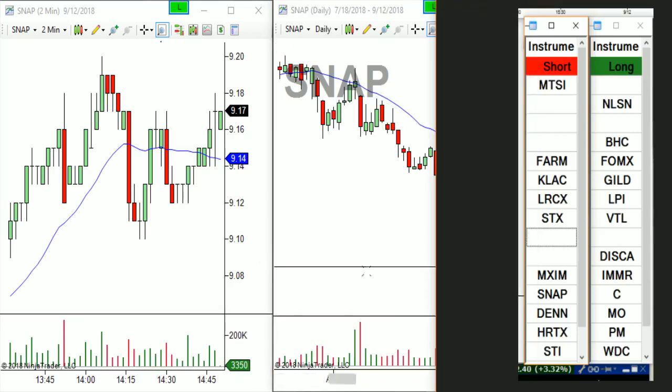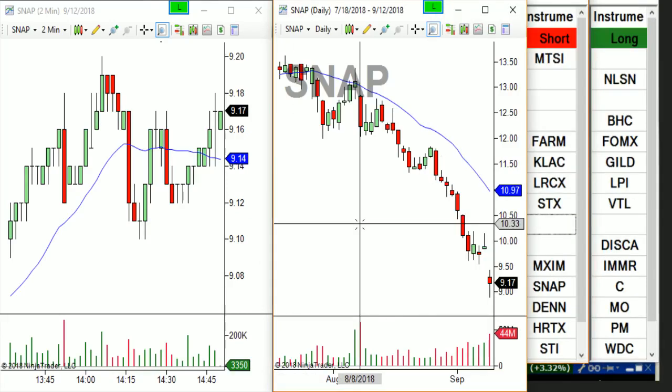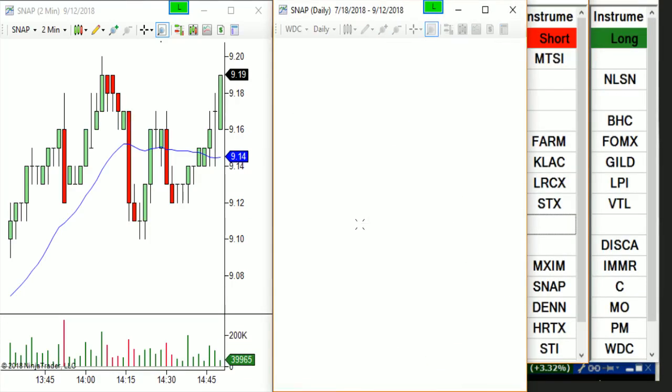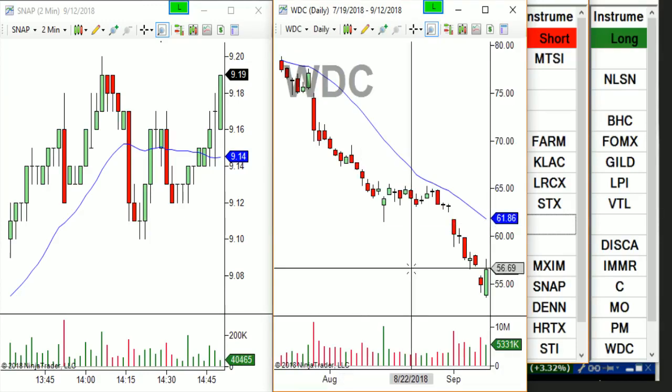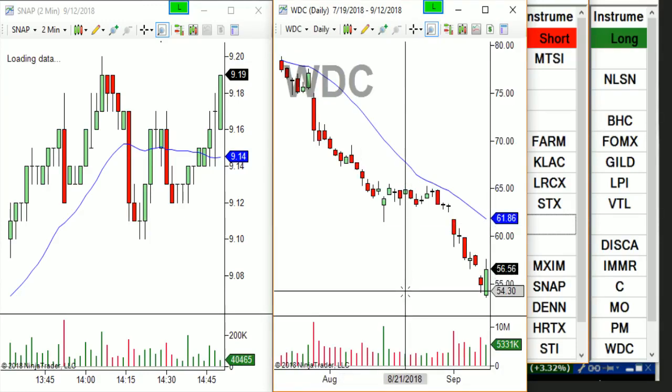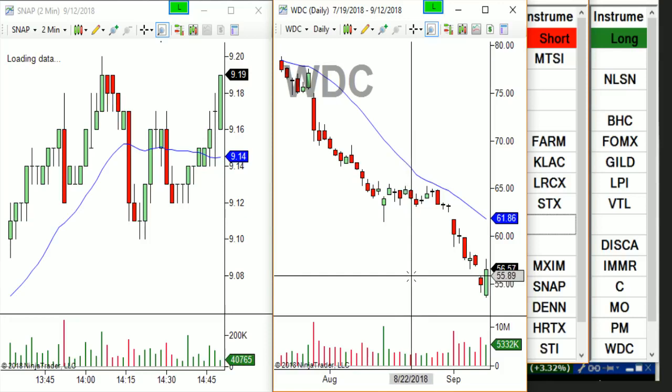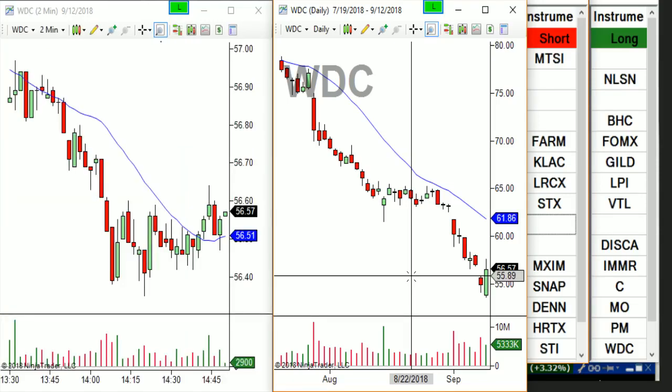That's just a picture. WDC was one of those. It gapped below the previous bar's low, and the high was above the previous bar's high, and that signaled a gap bully for me that came up on a scan. It was a very simple scan to do, and I got 3 results.